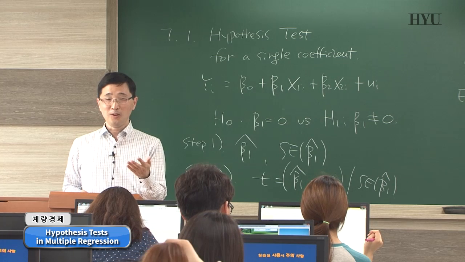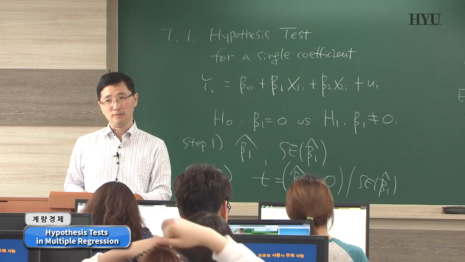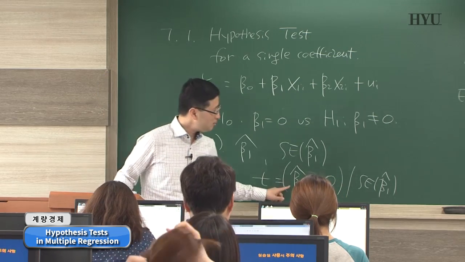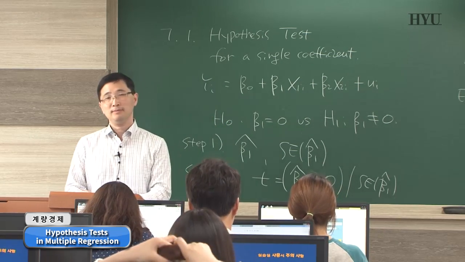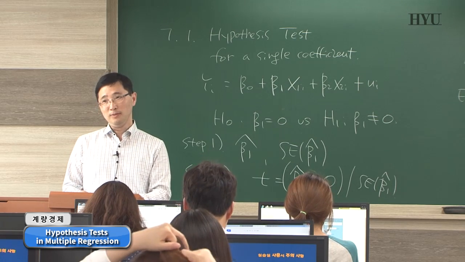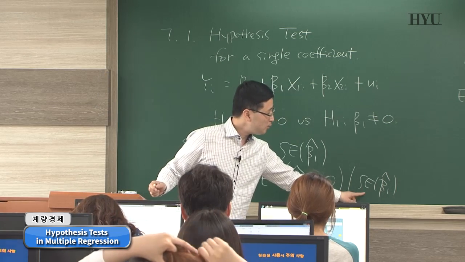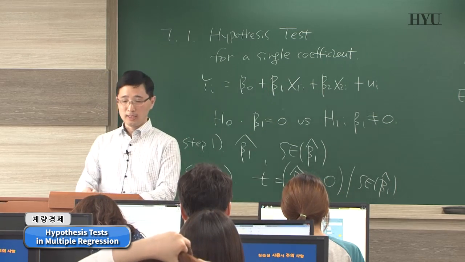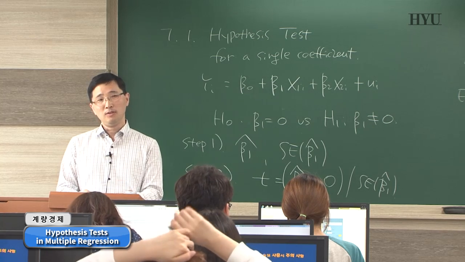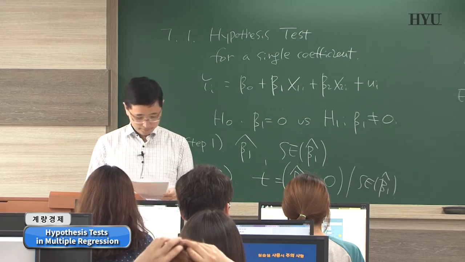If that's the answer, then you cannot believe that your answer is very conclusive. If beta 1 hat is much bigger than the uncertainty, then you can say that even if I do another sample, my beta 1 hat is not going to be too different from my current beta 1 hat, so that I can confidently reject the null hypothesis. Okay? So that's the decision.